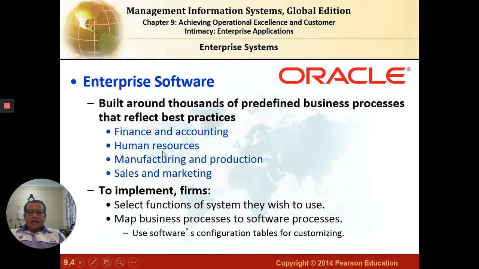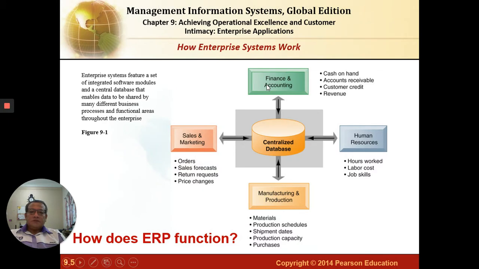So the essence of an ERP system, basically, is four departments: finance, human resource, manufacturing, and sales. These are the four key departments that build up the ERP system like Oracle and SAP. So this is the conceptual diagram of the ERP system.